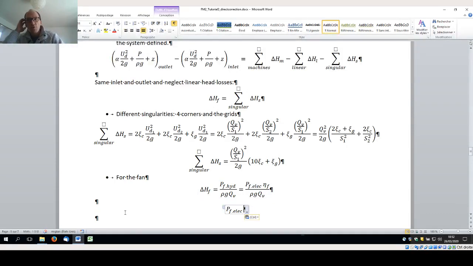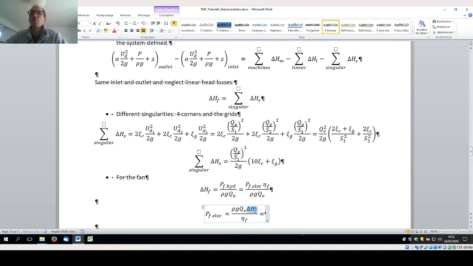So the power of the fan is equal to this rho g Q_V multiplied by this head divided by the yield. Okay, so this is the general form of the electrical power.